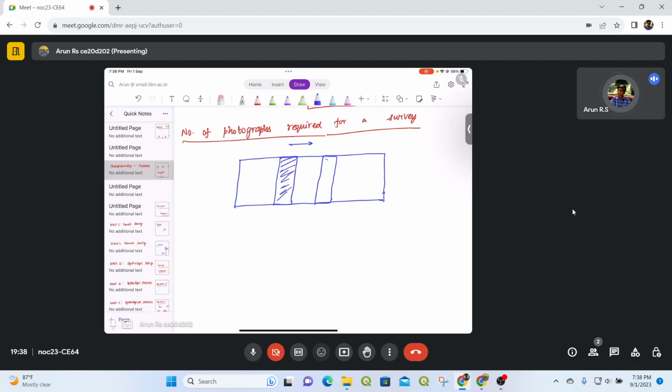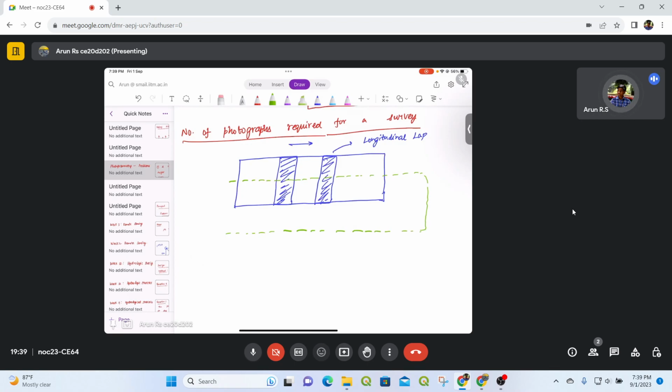This region which is overlapping along the flight direction is called the longitudinal lap. And once it goes to a certain extent, if your flight is going along this center line, after it goes, it turns back and goes into the next flight line.